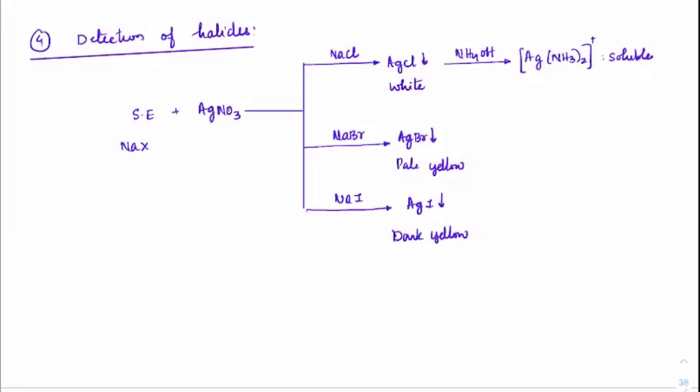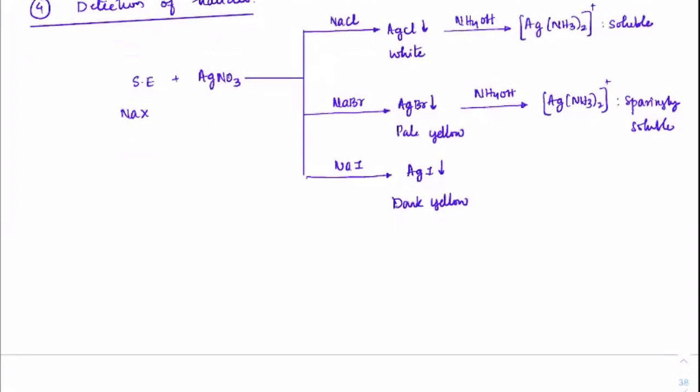Similarly, if I react AgBr with NH4OH, this will also form a soluble complex, but sparingly soluble, not completely soluble like AgCl.